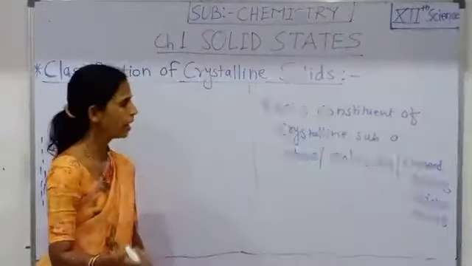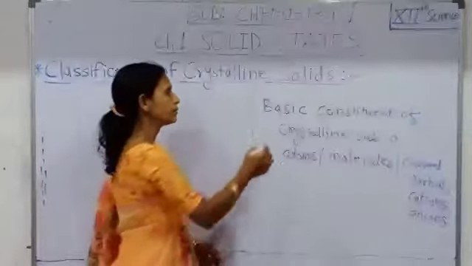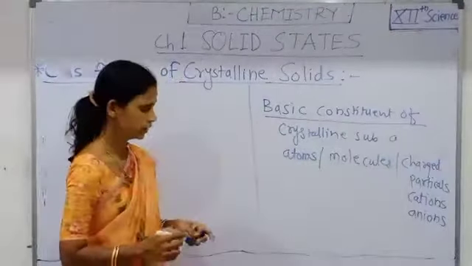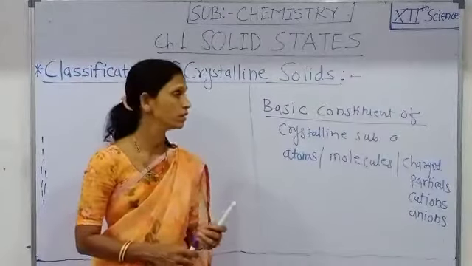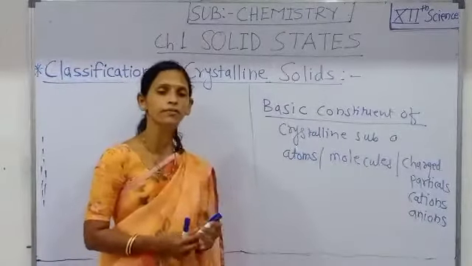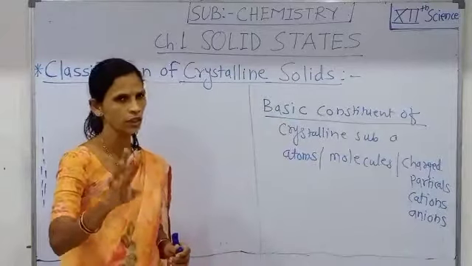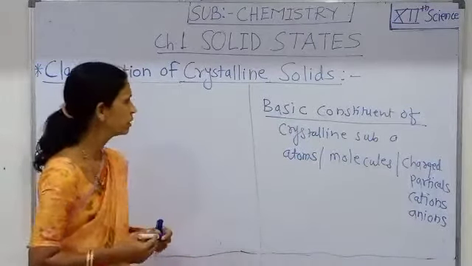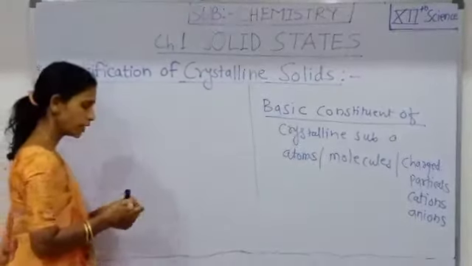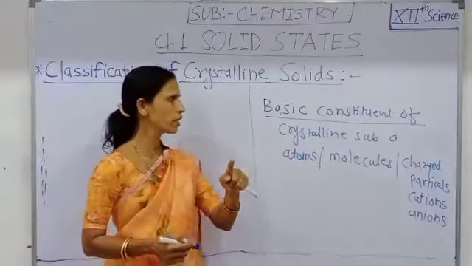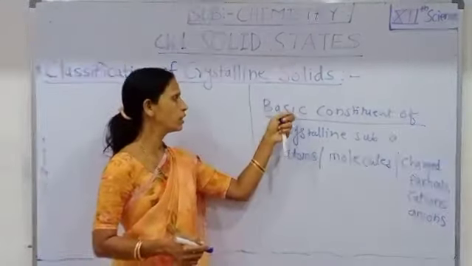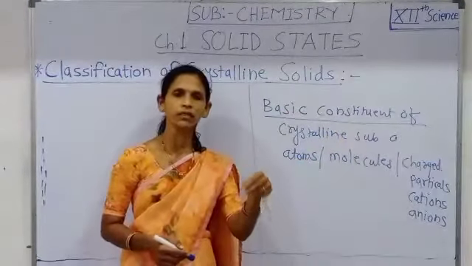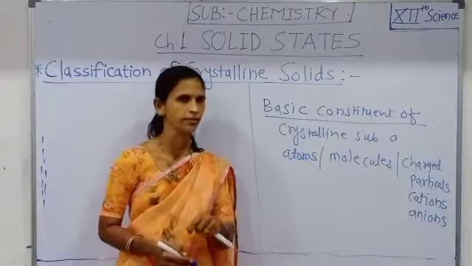According to this concept we can classify crystalline substances into 4 categories. That means the classification of crystalline substances depends upon the type of basic constituent present in the crystal lattice.